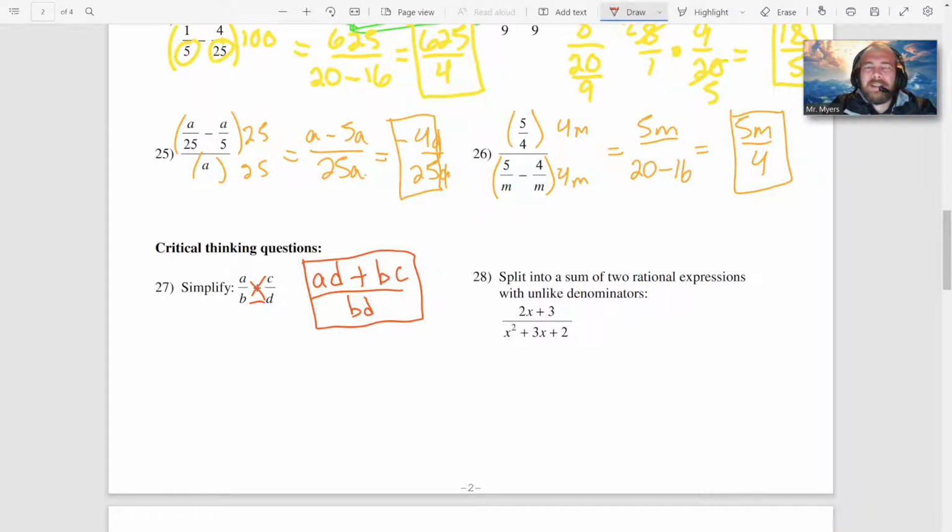I mean, if you think about it, what does it mean to simplify, right? Simplifying means to make it more simple. If it's more simple, you've got less stuff. So, actually, what we started with was more simple, I think. So, really, the question was the answer. You had no work to do on number 27, in my opinion. But, again, what they're going to want for an answer is what I showed you just now in the box.